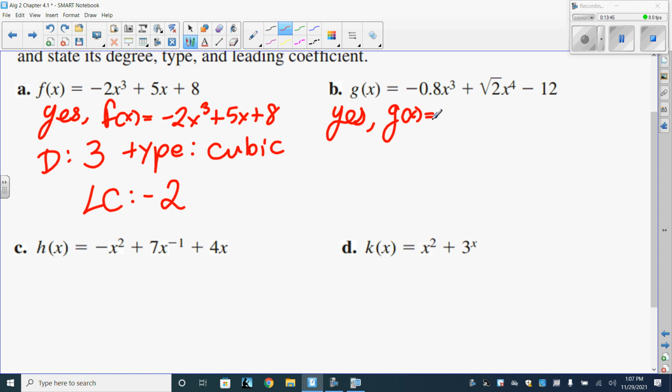No, because we need the x to the fourth to go first. So we would rewrite this moving the square root of 2, x to the fourth first, and then negative 0.8x to the third minus 12, because we want the variables ordered from left to right, from biggest to smallest.